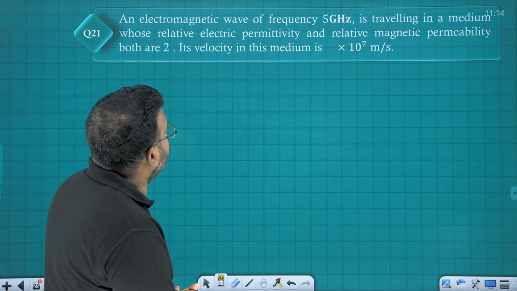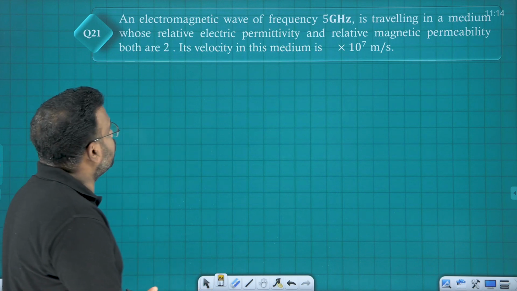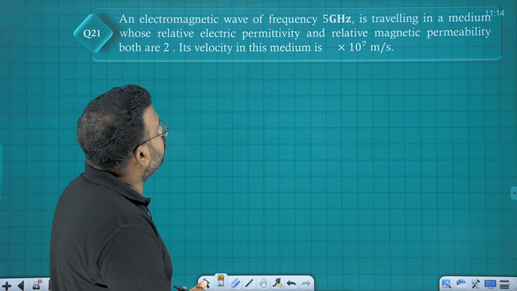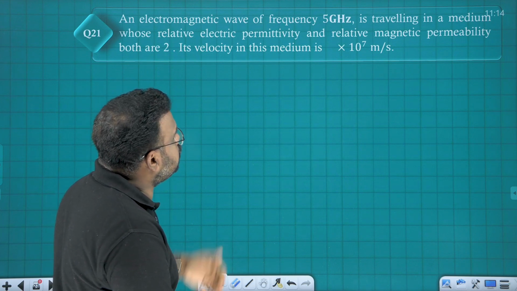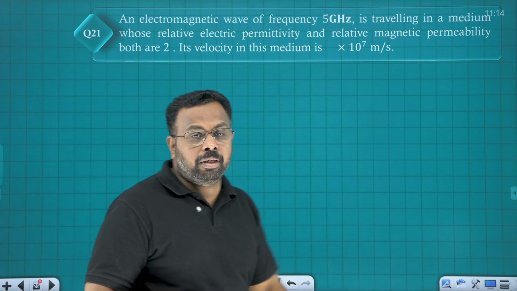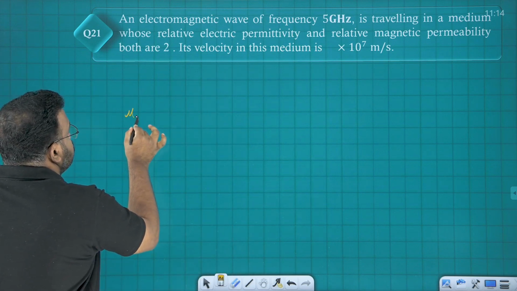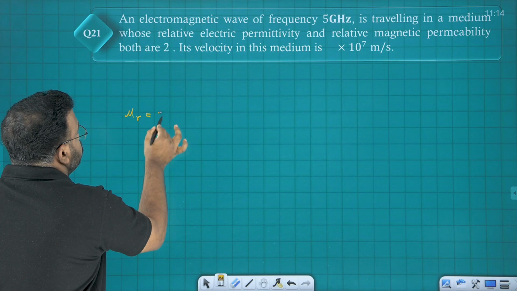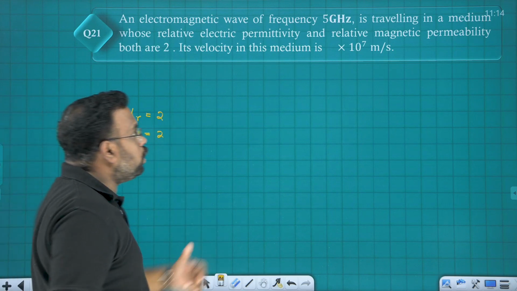An electromagnetic wave of frequency 5 gigahertz is traveling in a medium whose relative permittivity and relative magnetic permeability both are 2. Its velocity in this medium is dash into 10 power 7 meter per second. So relative permeability, that means mu r is equal to 2, epsilon r also equal to 2. Then what is the speed?